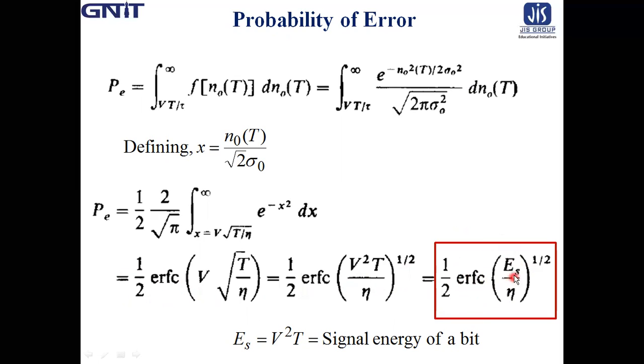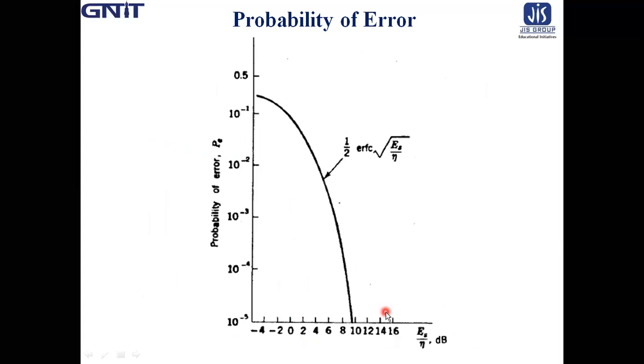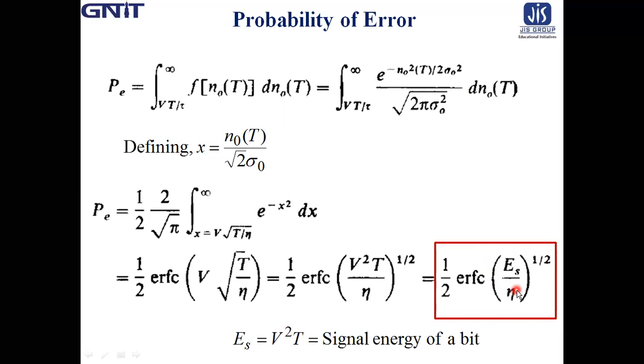That is, if this argument is high, then its complementary error probability will be less. So if we draw a curve, that is probability of error versus Es by eta according to this expression, then this curve is monotonically decreasing.